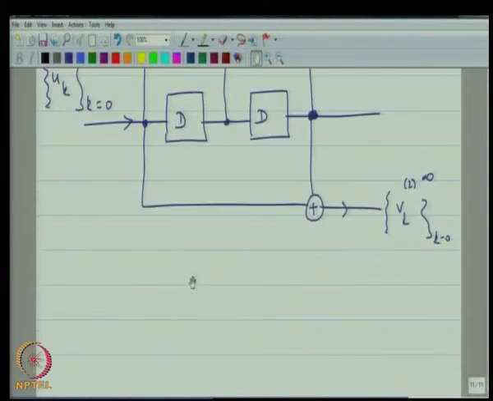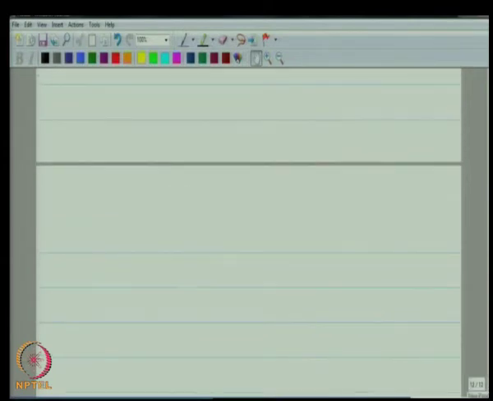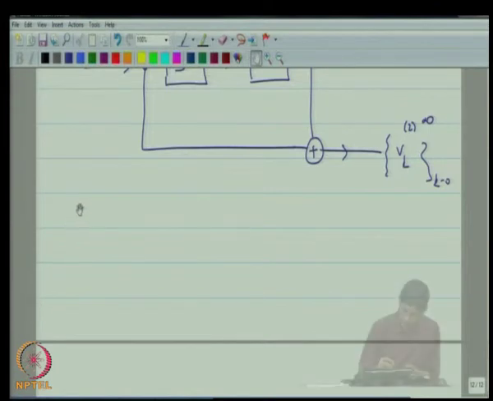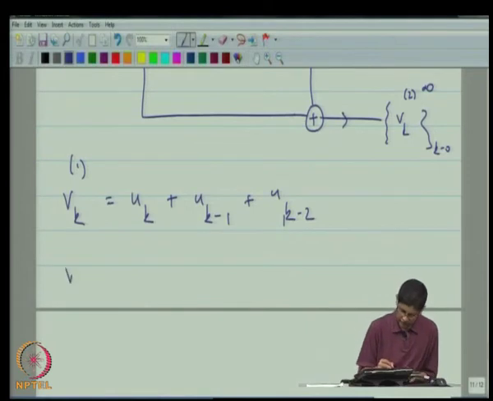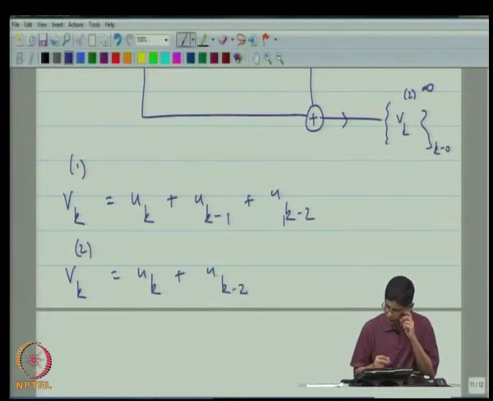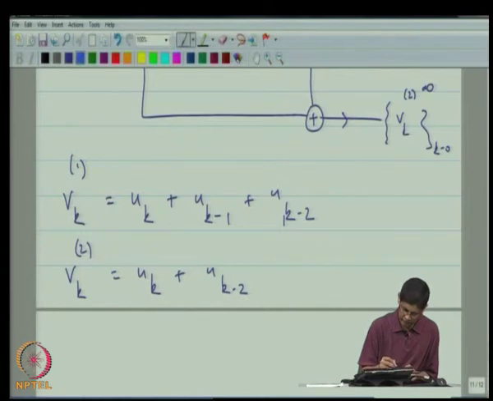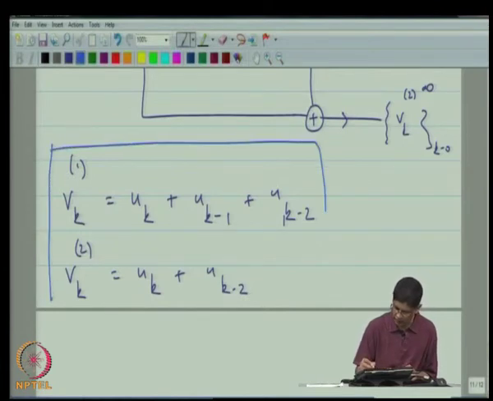So mathematically you would represent this like this: VK1 is UK plus UK minus 1 plus UK minus 2, and VK2 is UK plus UK minus 2. So this then describes the encoder.